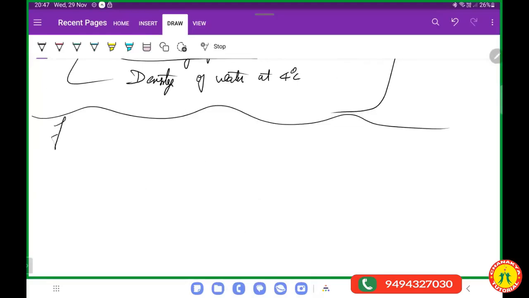Then let's go for flow. Types of flow. Flow of fluids. This is very interesting. So first here, types of flow means how the fluid flows, like laminar flow, turbulent flow, streamline flow, incompressible flow, compressible flow.